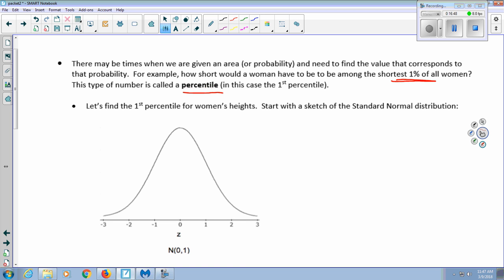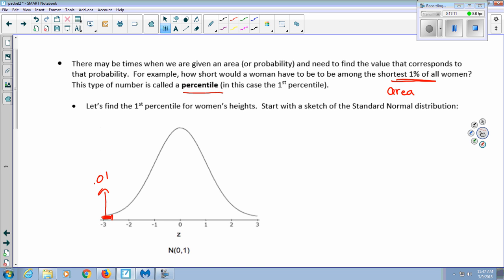That's the same as being in the first percentile. So the shortest 1%, I don't know exactly where this line is, but we're talking about some tiny area over here. They're telling us the area, 1%. So we want to know what z-score corresponds with an area of 0.01.